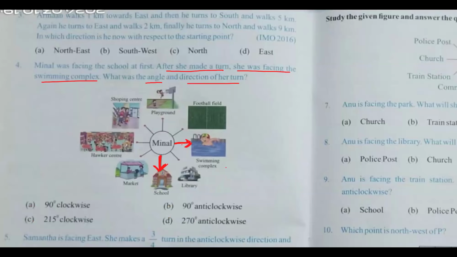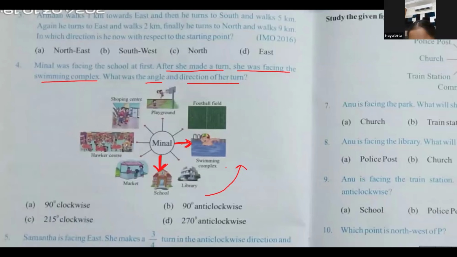Let's take the short route first. What will be the shortest route? If she moves in the anti-clockwise direction, isn't it? This will be the anti-clockwise direction if she moves from her left hand side. Yes or no? Yes, Sanaya, is that correct? Ma'am, it would be 90 degrees anti-clockwise.